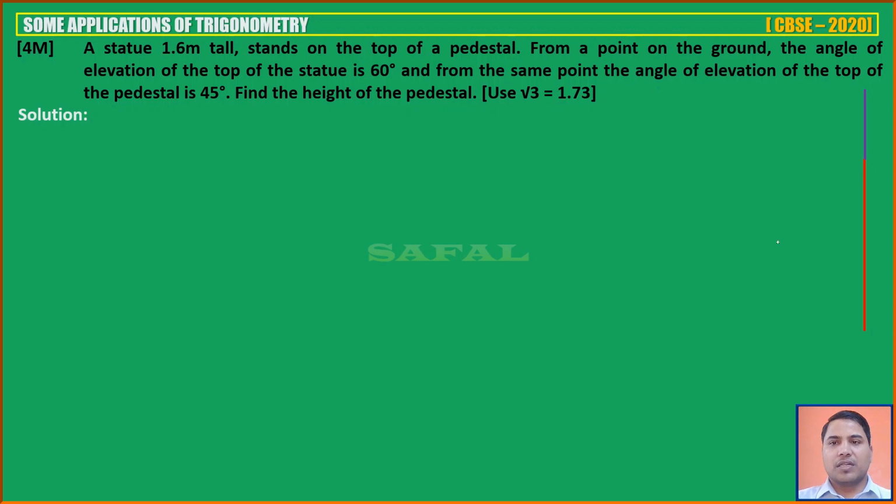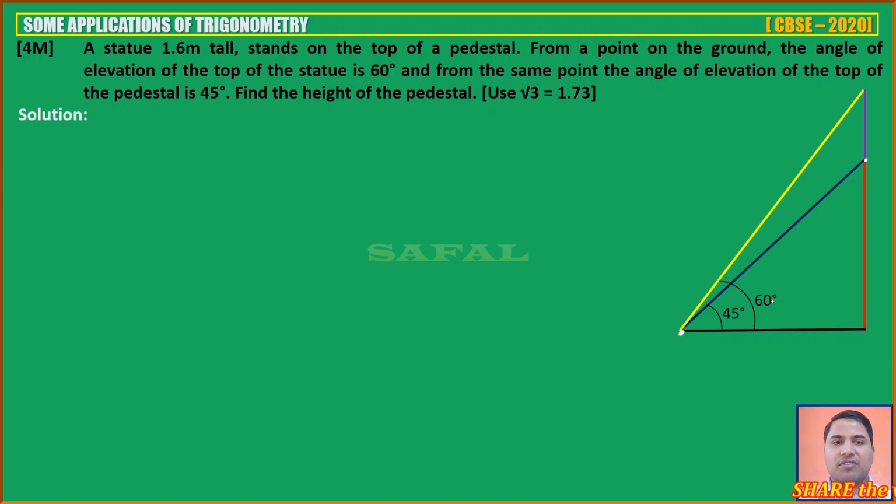Now from a point on the ground, this is a point on the ground. From this point, the angle of elevation of the top of the statue is 60 degree, you can see in the diagram. And from the same point, the angle of elevation of the top of the pedestal, that means of this point, is 45 degree. So we need to find the height of the pedestal.